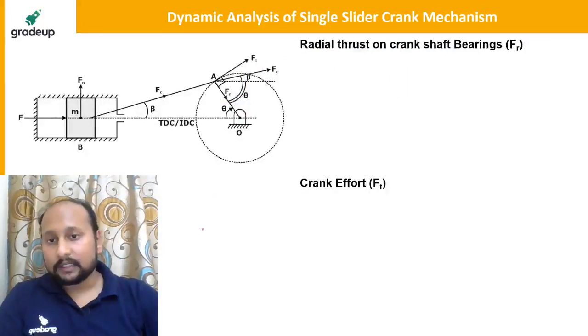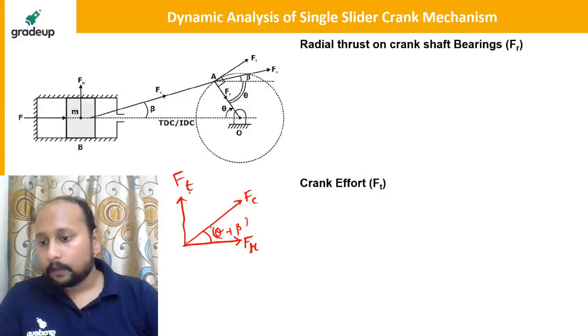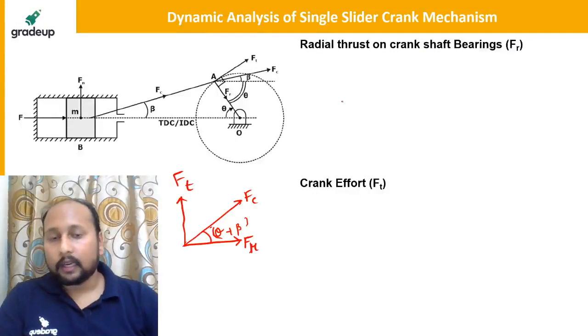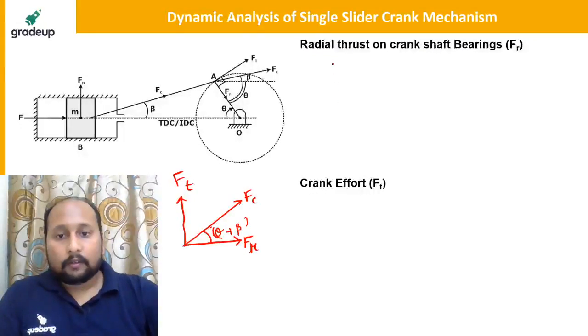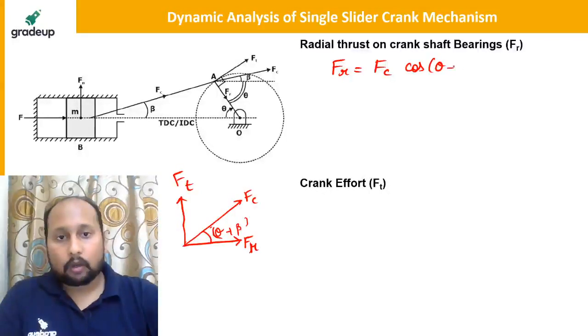If I draw this diagram in a simpler way, this is your Fr. This is your Fc, and the angle between Fc and Fr is theta plus beta. Perpendicular to this is your Ft. Now you can understand. So you can directly write Fr is equal to Fc cos theta plus beta.